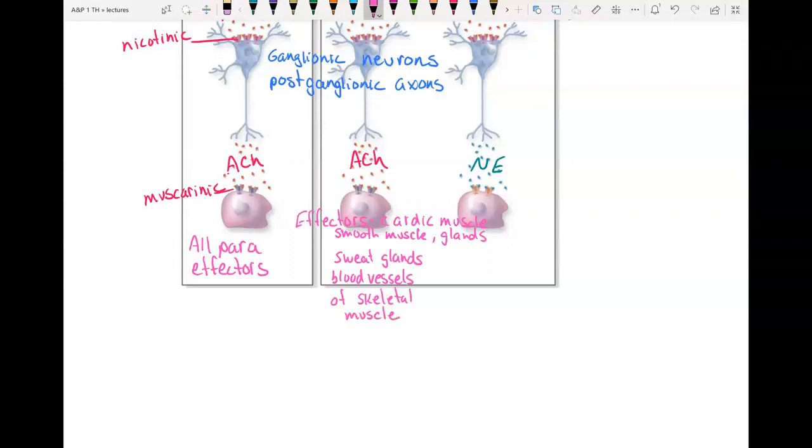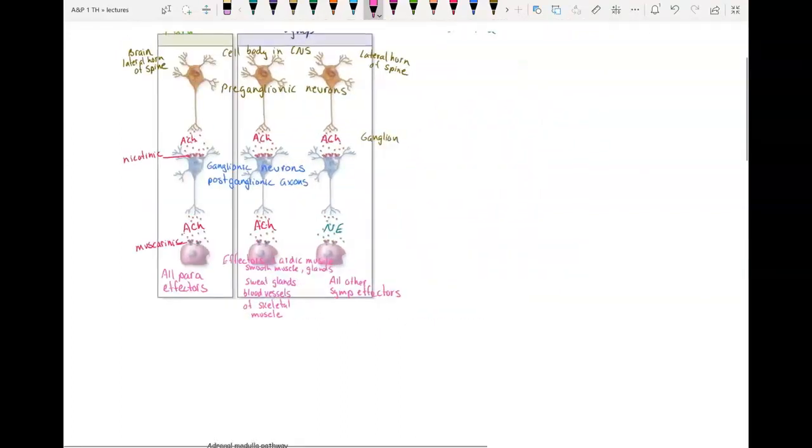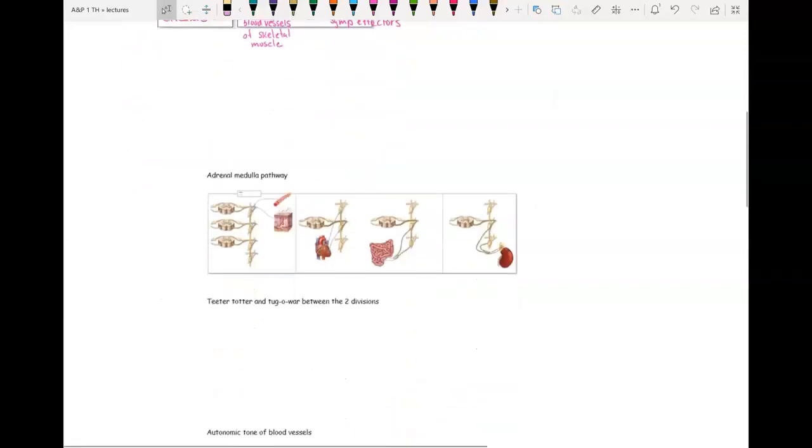For the norepinephrine effectors, this is going to be all other sympathetic effectors. So anything that responds to sympathetic but is not a sweat gland or blood vessel of a skeletal muscle is going to respond to norepinephrine. So here's the basics of which neurotransmitters and which receptors you have. In the next few pictures, we'll look at some implications of this.